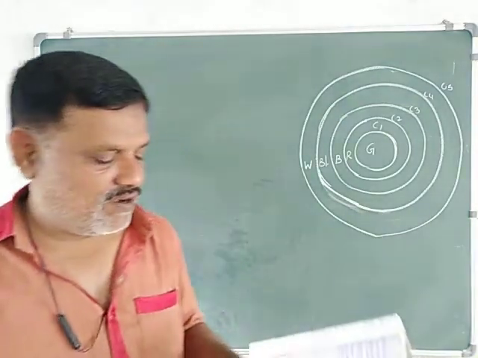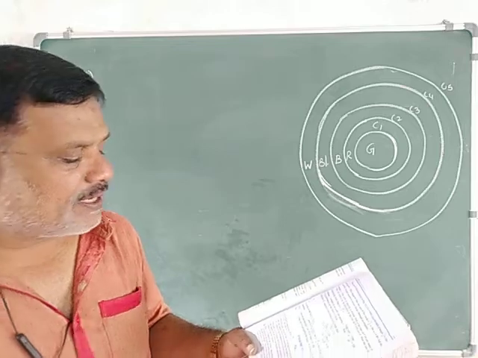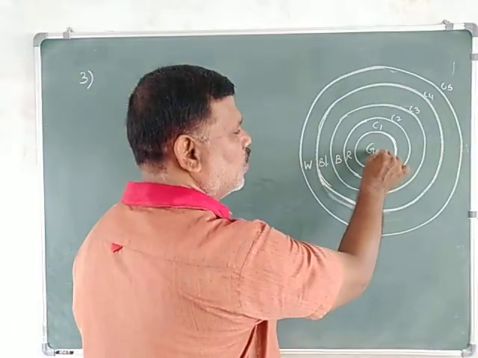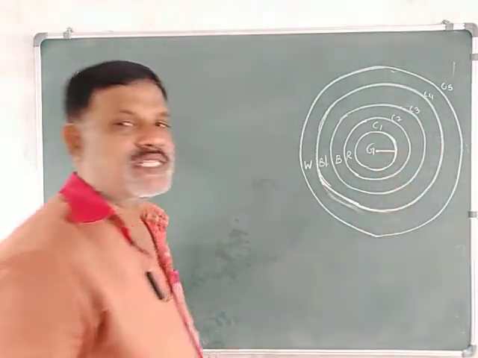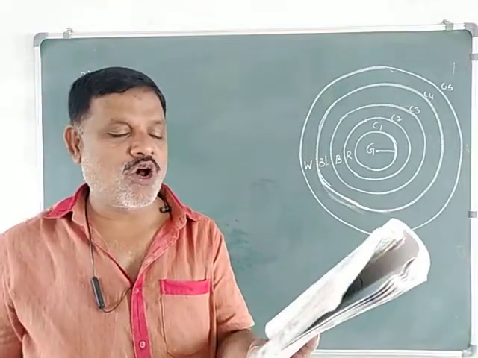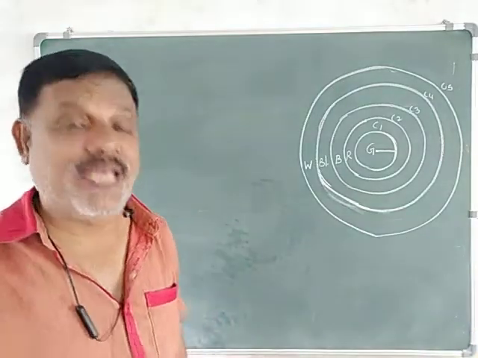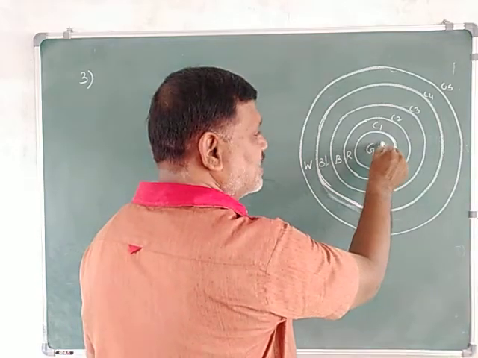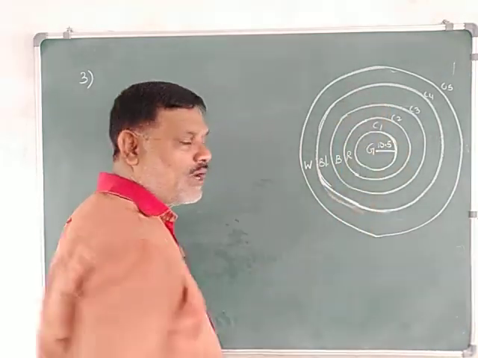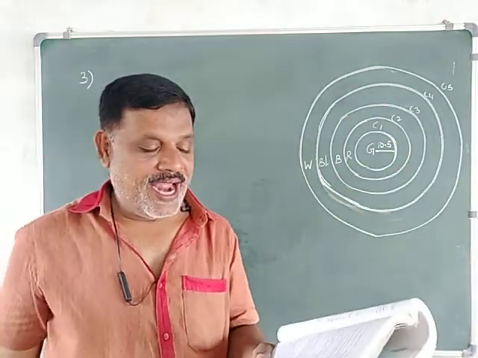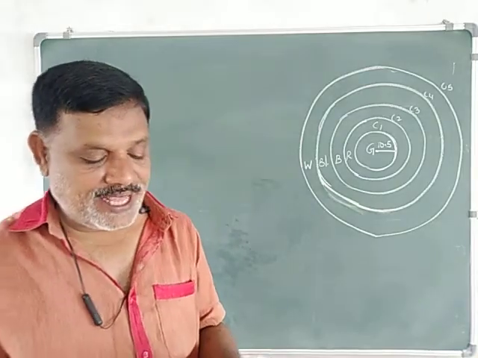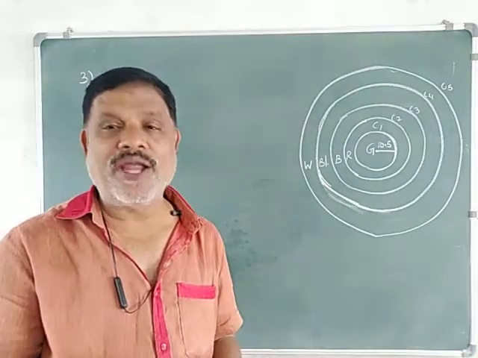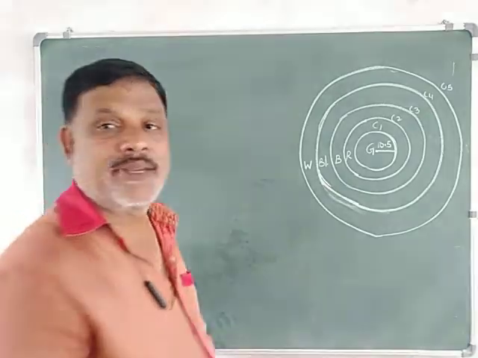Now, what is given for us? The diameter representing the golden score is 21 centimeter. That is, the radius will be equal to 10.5. And each of the other bands is 10.5 centimeter wide.